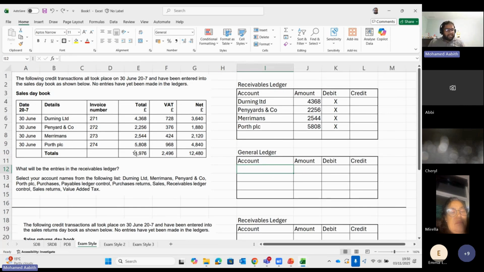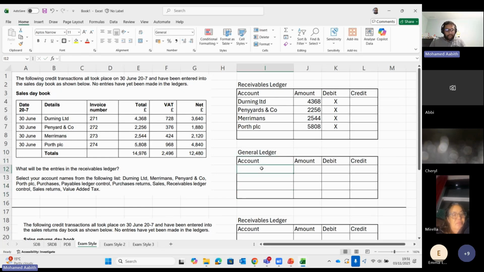So remember, this is my RLCA, this is going to be my VAT, and this is going to be my sales account. Remember that there is nothing called a net account. We cannot have a net account because that's not the name of an account. It's just a type we call. So here, the net account, it's going to be your sales daybook, meaning it is a sales account.